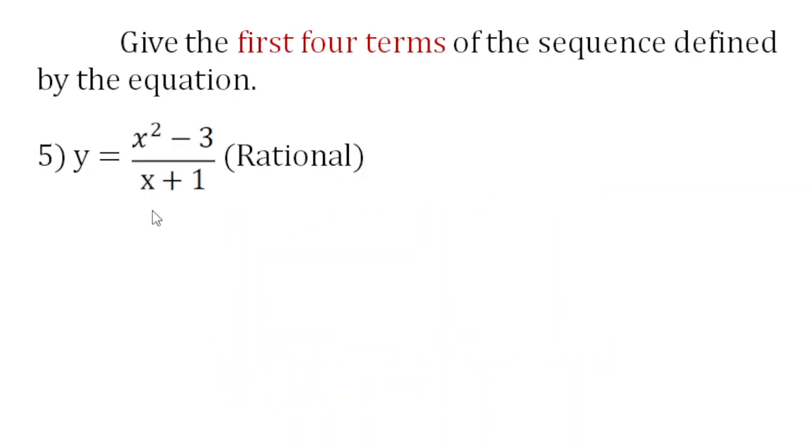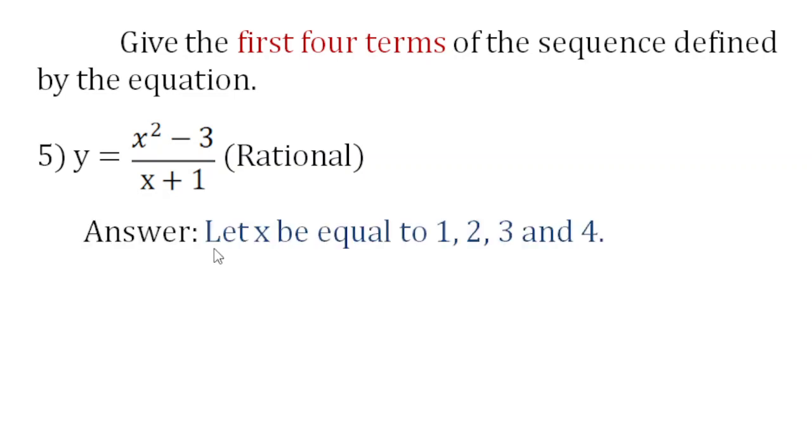How about if we are given a rational equation? Yes, same idea. We let x be equal to 1, 2, 3, and 4. And you should be able to evaluate this rational equation at x equals 1, 2, 3, and 4.